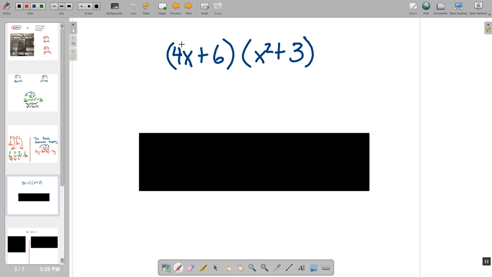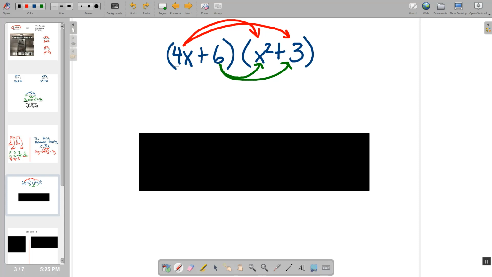So for this first problem, we have 4x plus 6 parentheses, x squared plus 3 parentheses. So let's do the double distributive property. So I'm going to distribute 4x to every term in the other parenthesis, and then I'm going to distribute the 6 to every term in the opposite parenthesis.